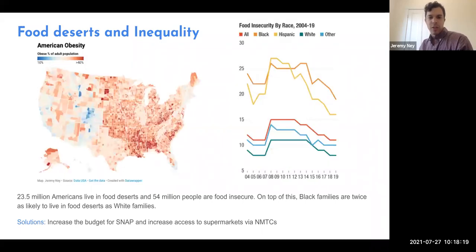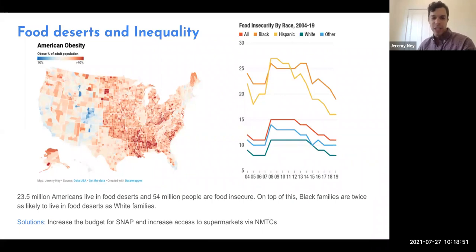Some of the solutions that we can look at there are increasing the budget for SNAP, which is food stamps, the Supplemental Nutrition Assistance Program. So making sure that low-income families that qualify are actually able to afford foods, and increasing access to new market tax credits. Those are federal tax credits that allow buildings like banks or supermarkets to actually show up in some of these communities where you're really struggling.